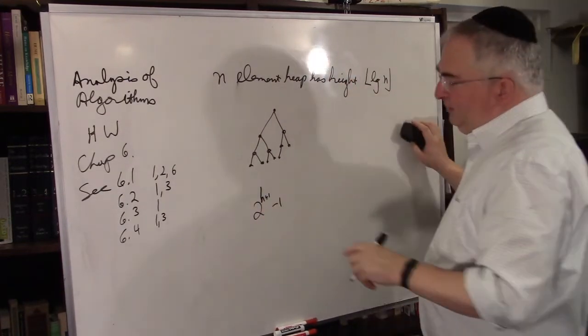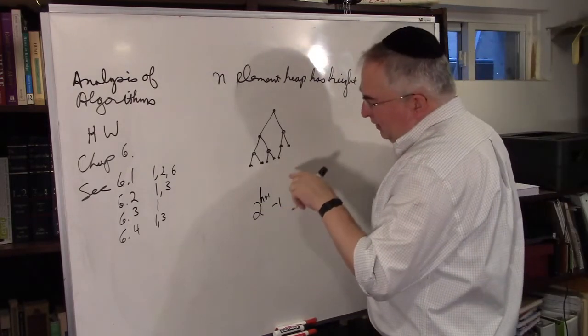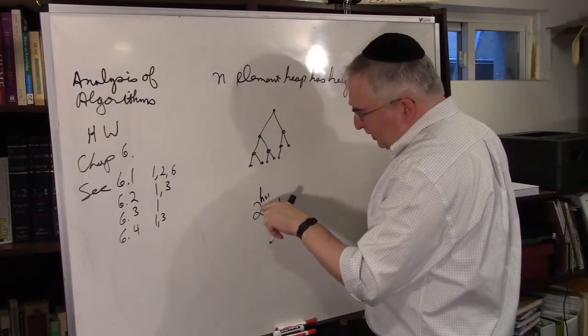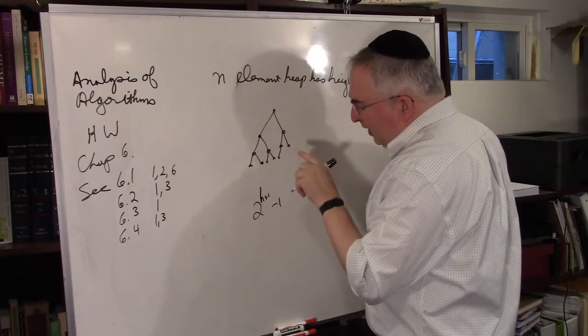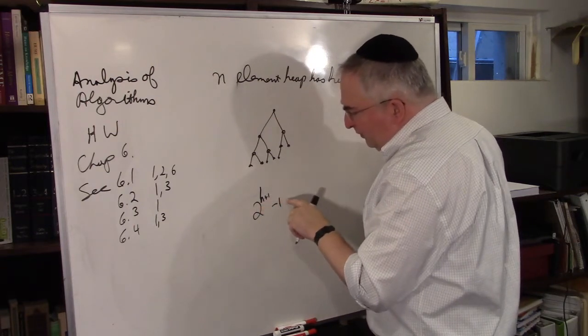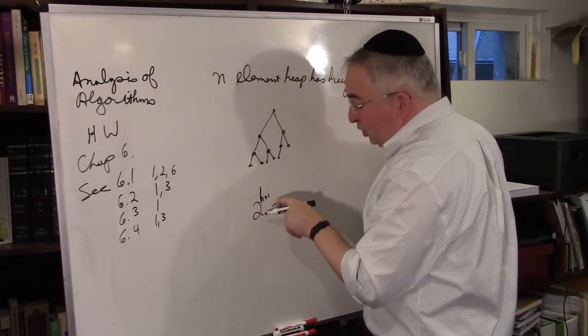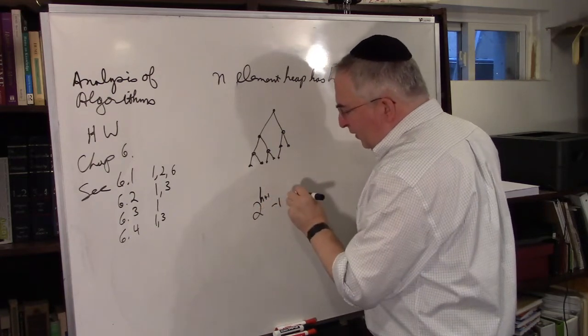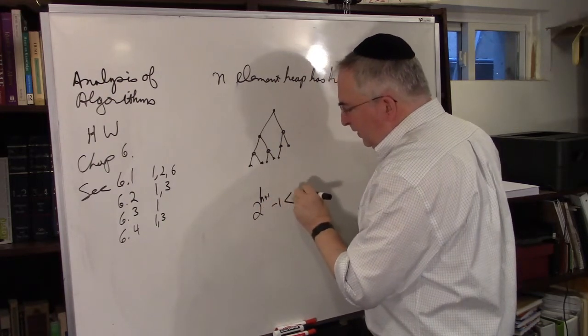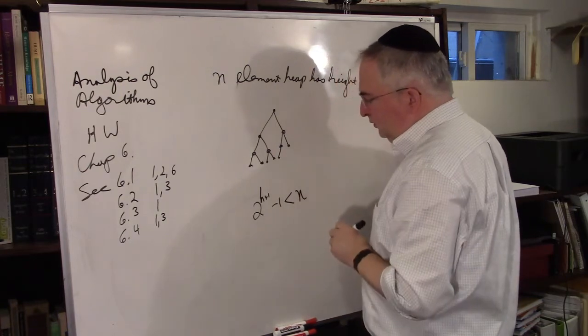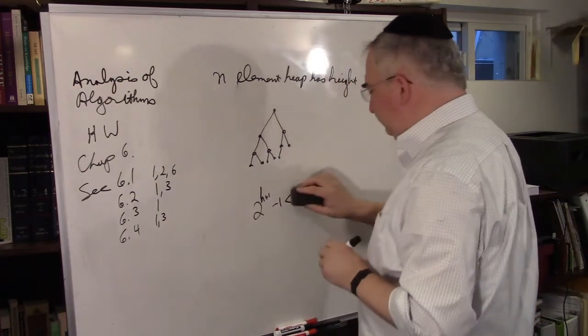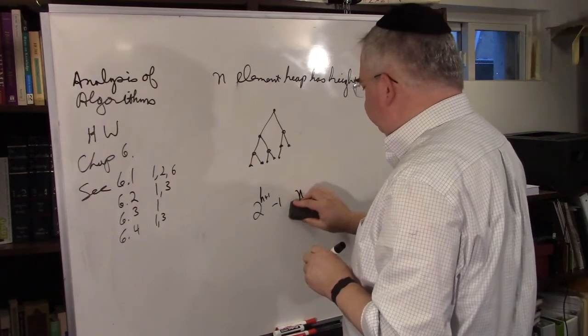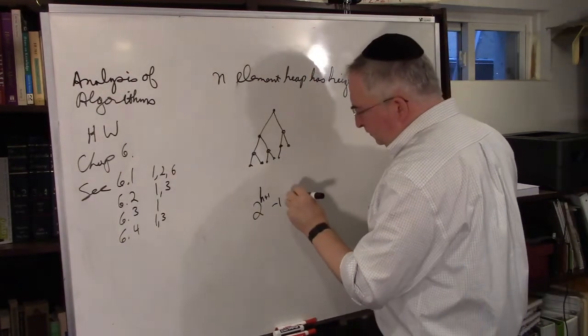If you have the height h, the number of elements in your heap is at most 2 to the h plus 1 minus 1. Now, it's more than n.